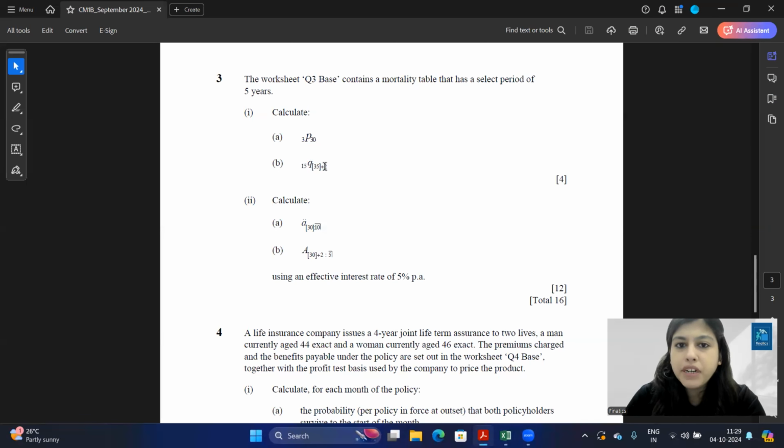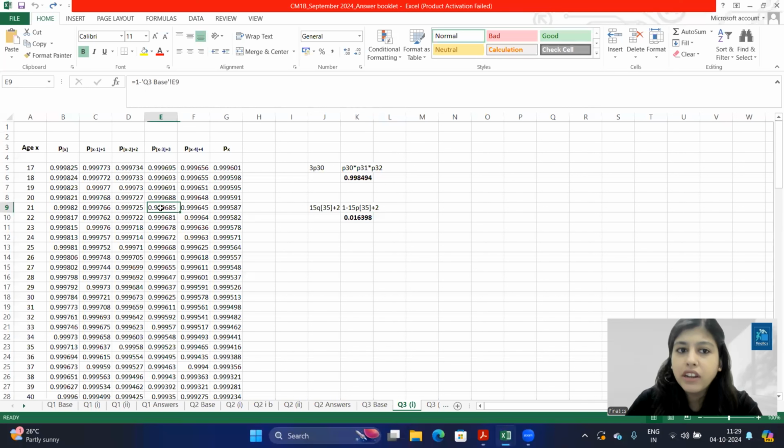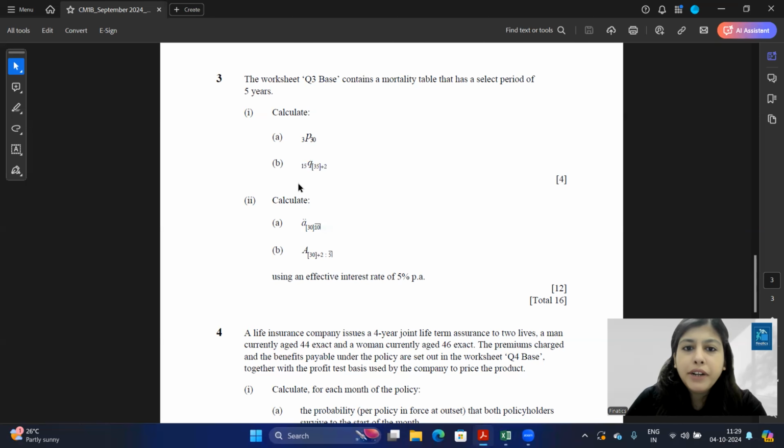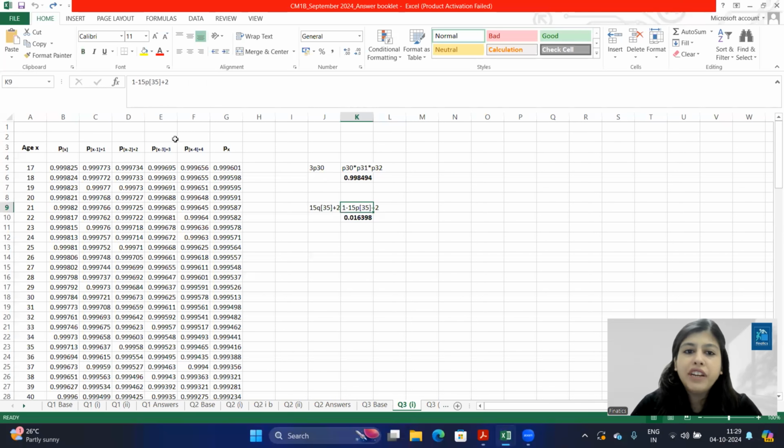15q35 plus 2 means a person is currently aged 37. Okay. So a person currently aged 37 but selected at age 35 would be here at 37. So here it got selected, q35 plus 2. Okay, and we have to calculate 15q. So in q we do not have consistency principle. So we do 1 minus 15 p35 plus 2. And now you can do a product.